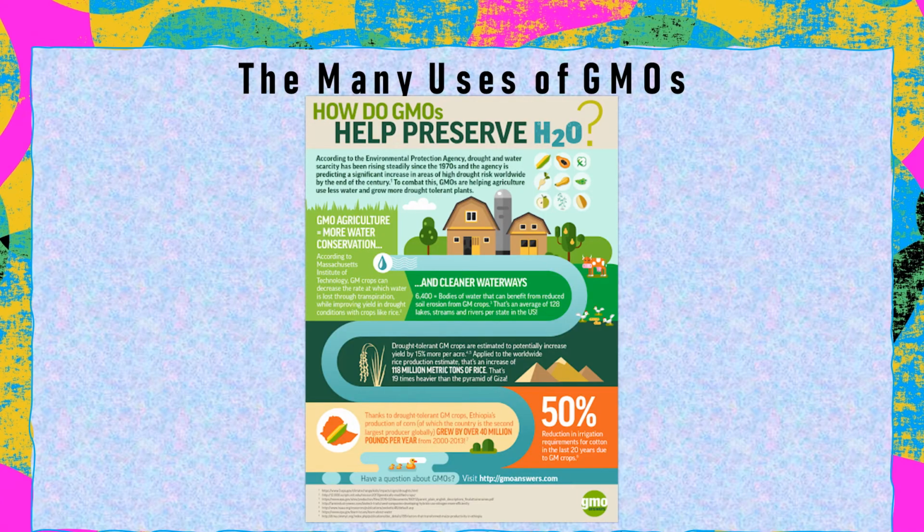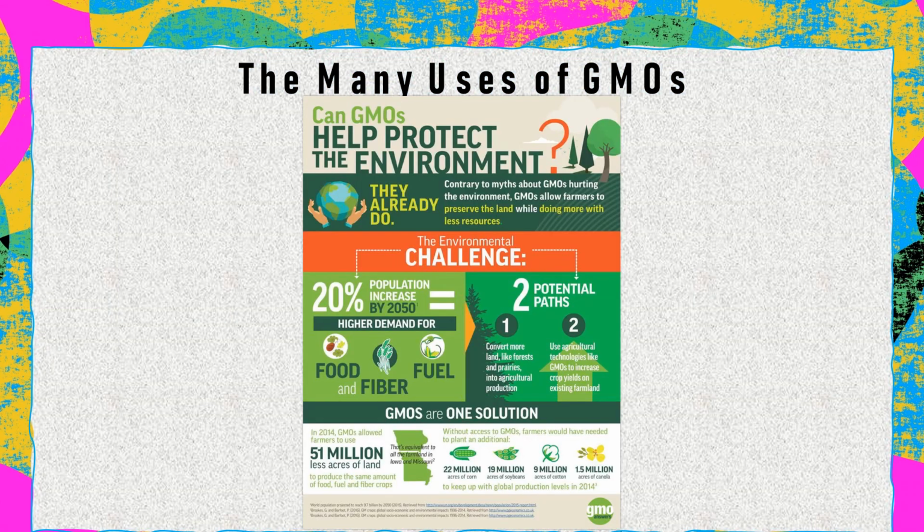In addition to the many uses of GMOs, this is an infographic that shows how GMOs help preserve water. It provided different studies to prove that GMOs help in water conservation. This infographic shows how GMOs help protect the environment.